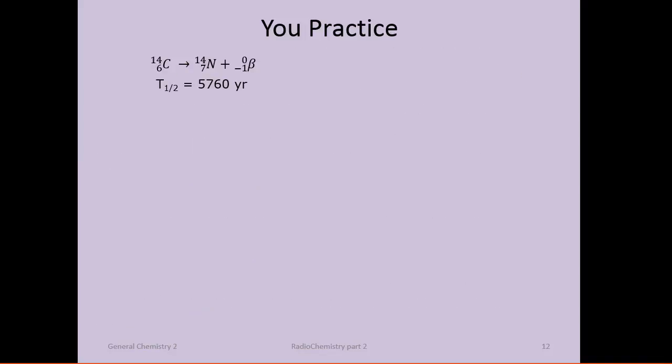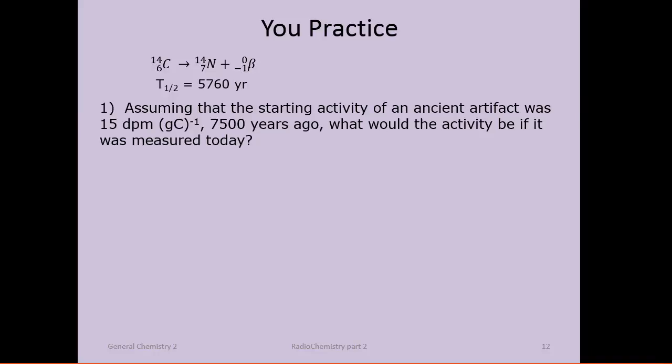So let's see how you did. The first problem deals with the carbon-14 decay. Again, you find your decay constant. You plug and chug into the integrated first-order rate law. Now we have the time. We have the original activity of 15.